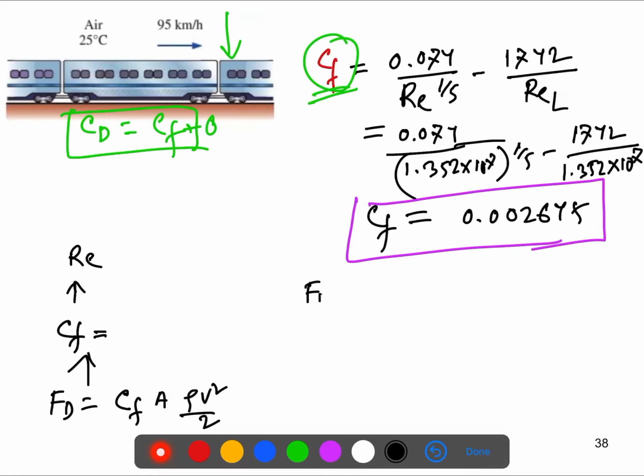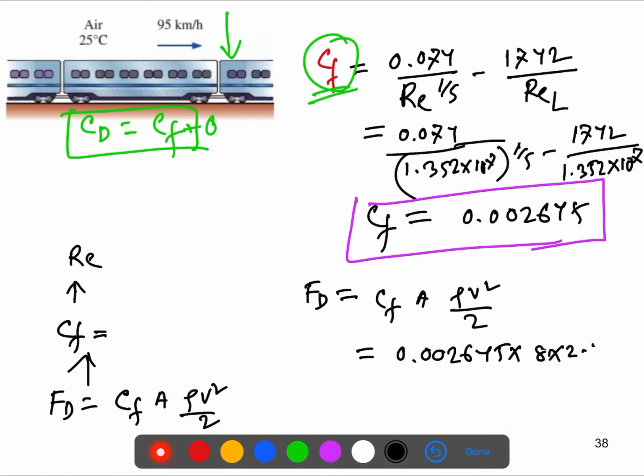We can write it down here. FD equals CF A rho V square over 2. CF equals 0.002645. The area, we know the dimensions, is 8 into 2.1. The density is 1.184, into the velocity square.